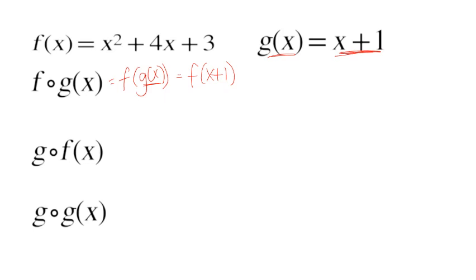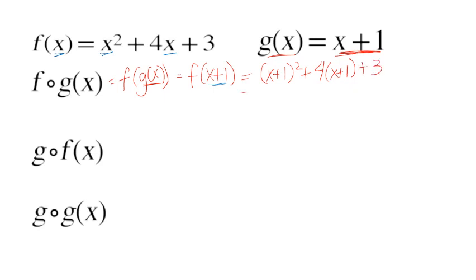Now, this is something that I'm familiar with from previous sections that we've covered. I'm going to plug in x plus 1 everywhere that I see an x in my function f. So I would have (x plus 1) squared plus 4 times (x plus 1) plus 3.